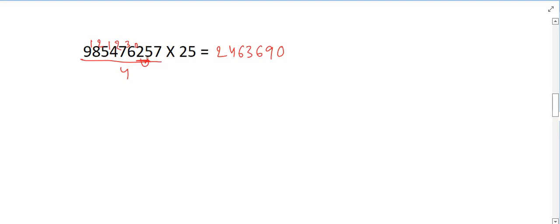So 2 by 4, 0 times, it is 0 with remainder 2. Now it is 25. Continue. 6 with remainder 1. Now it is 17. 4 with remainder 1.